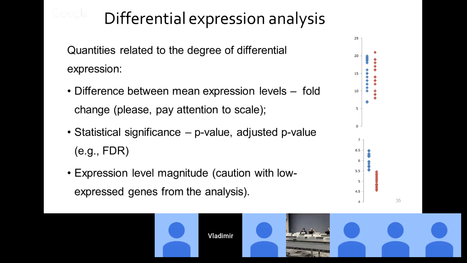But here the numbers are associated with the logarithmic scale. So these pictures show that evidently we can't look only at the difference between mean expression levels to estimate the differential expression rate for a gene.